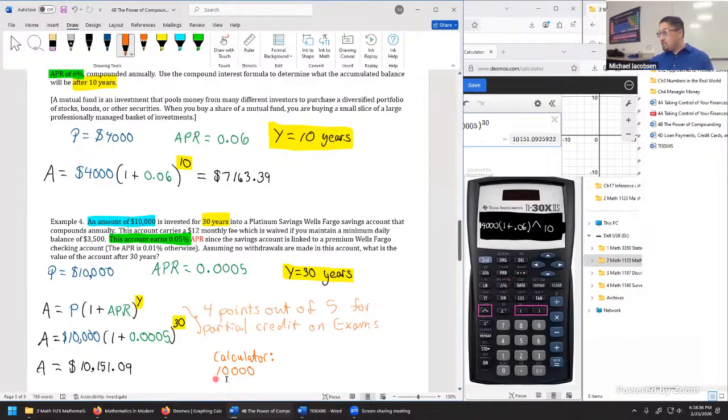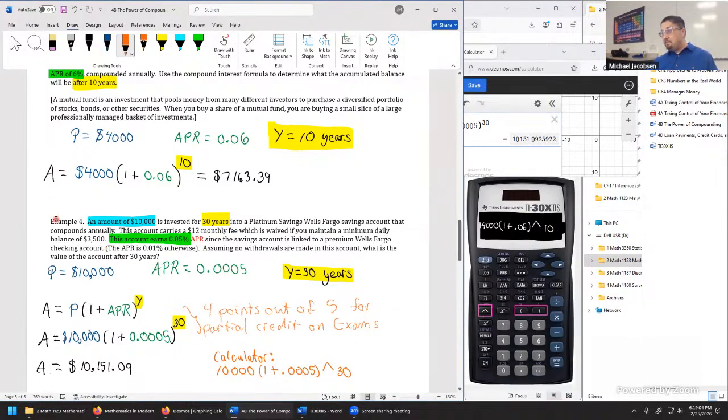Some of them do have commas, but that's going to throw it off. That might have a different meaning. Then a parenthesis will automatically indicate multiplication. 1 plus, usually I just go point, then 0.0005. Then the exponent key, and 30 is all what your calculator would look like. You might be able to see it in one screen depending on the model. On this one, you'd have to scroll left and right to see the whole thing.